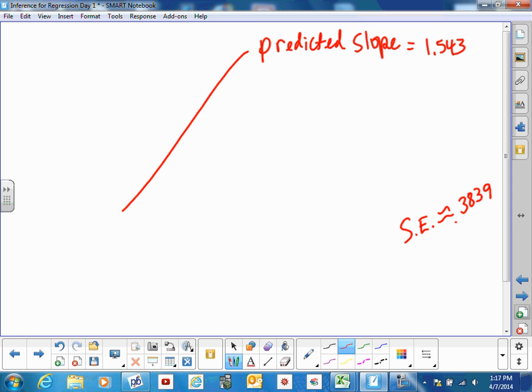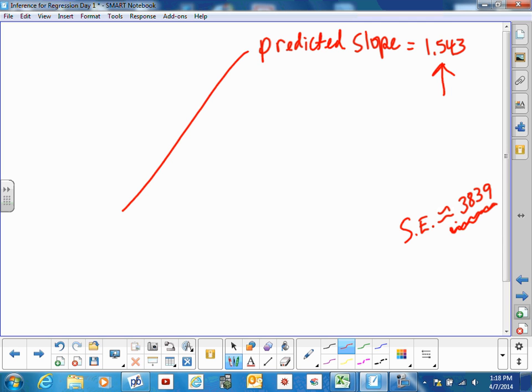That's kind of an indication of the wiggle room that I allow myself that this might be off. Whenever we have a normal curve, because we're going to be thinking of these in terms of normal, even though they are t models, they're nearly normal, okay?